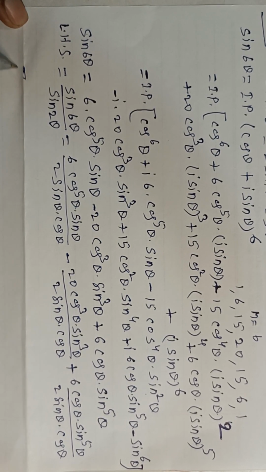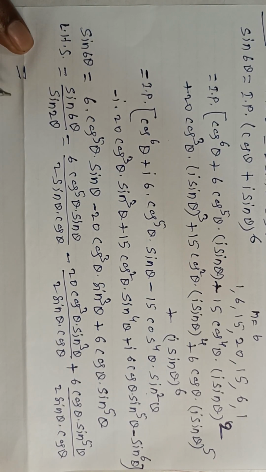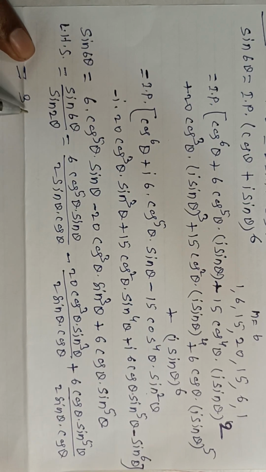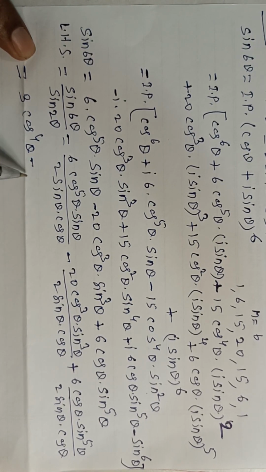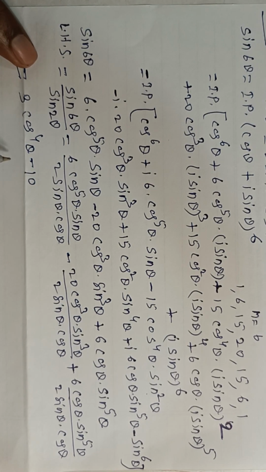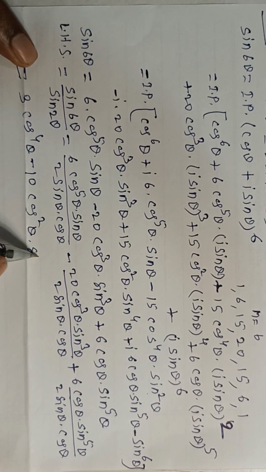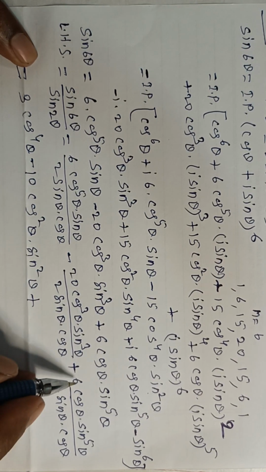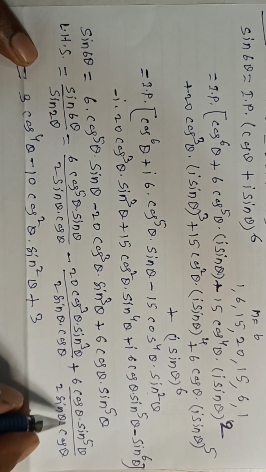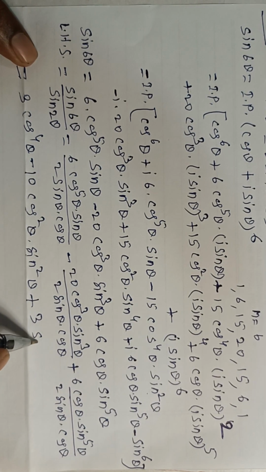So LHS becomes 3 times fourth power of cos theta, minus 10 times cos square theta into sin square theta, plus 3 times fourth power of sin theta, as the cos theta gets cancelled.